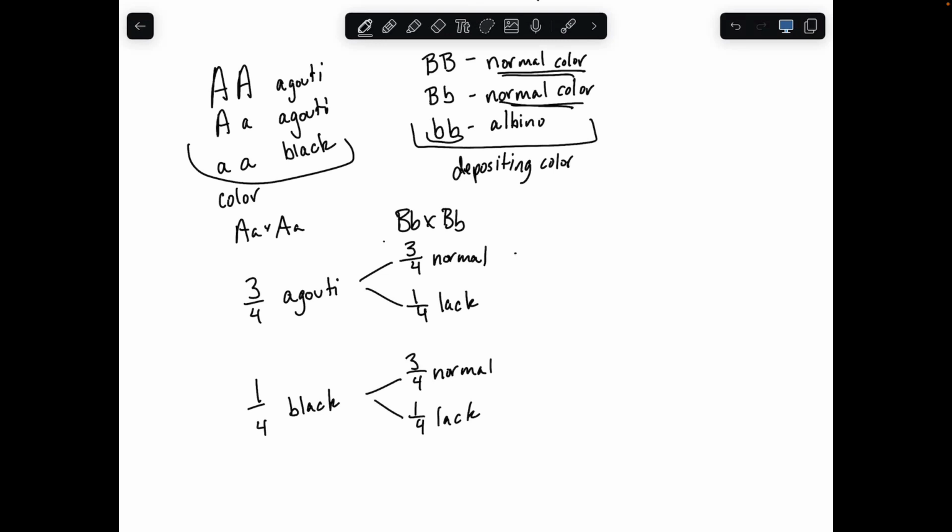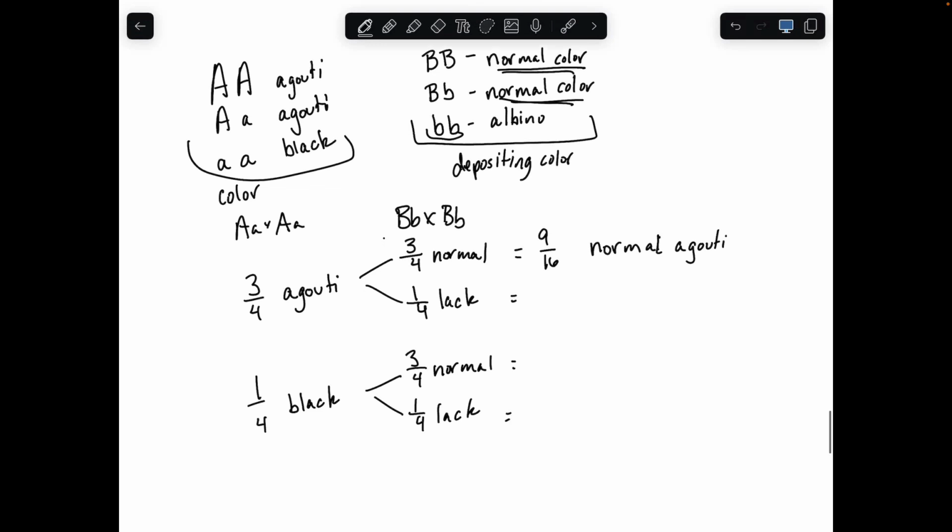Okay, and then we just do our multiplication, 3/4 times 3/4, 9/16. We'll have normal agouti color. 3/4 times 1/4 will be albino, right?